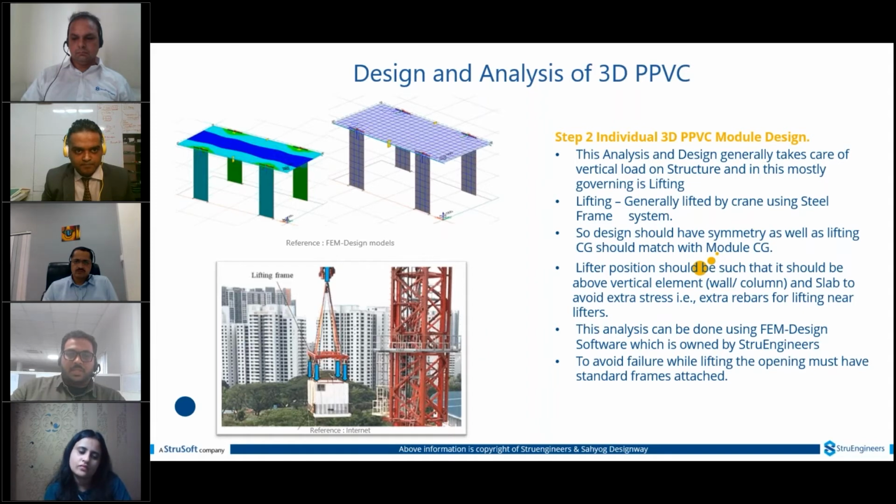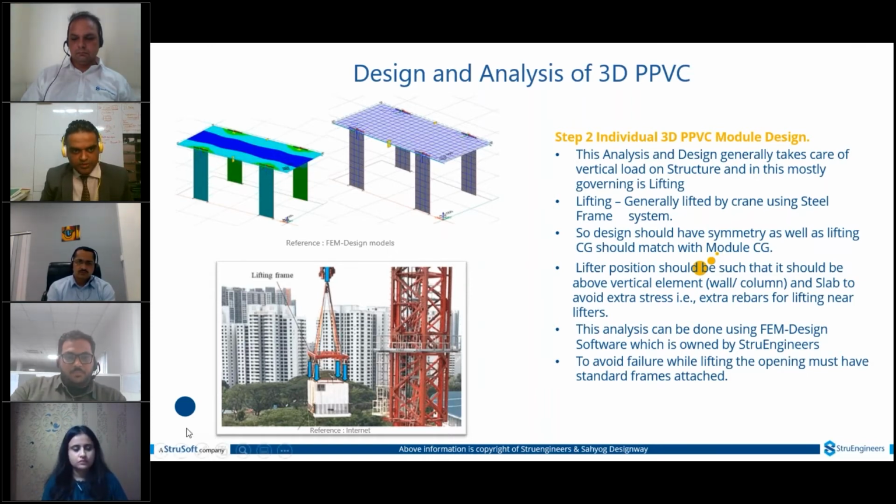Generally on site, it is lifted by the lifting frame, and the lifting frame is used to match the CG of the steel frame and the module. All this design analysis is done by FEM design, which is software developed by StruSoft engineers.